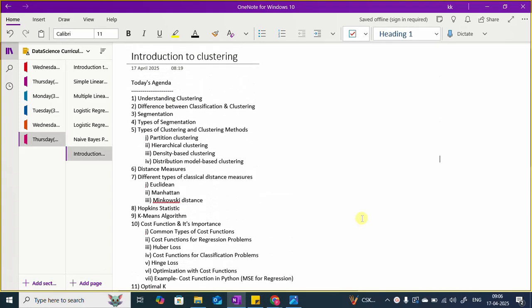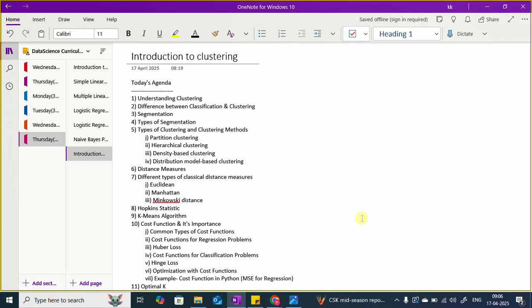Fine. So we'll discuss the understanding of clustering, then the difference between classification and clustering, segmentation, types of segmentation, types of clustering and clustering methods. Basically 3 to 4 different types of clustering we'll discuss: partitioning clustering, hierarchical clustering, density based clustering, distribution model based clustering.